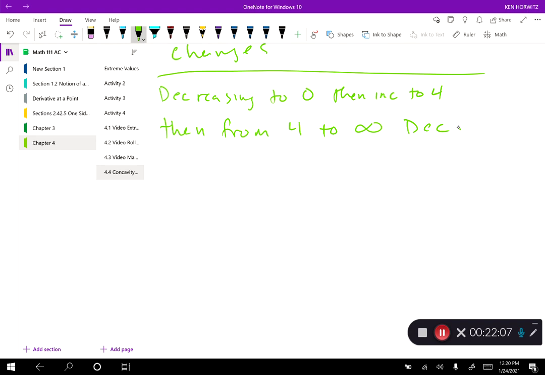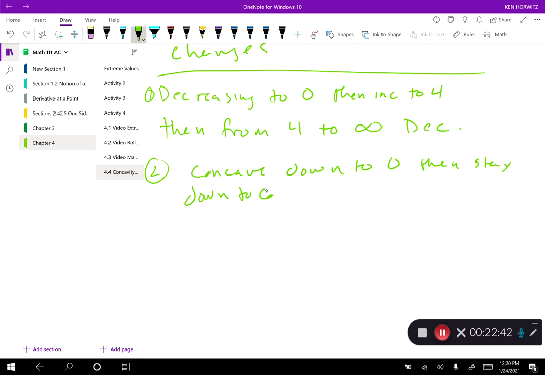Now for my concavity. This is my first piece of information. For my second piece, I'm concave down to 0. Then between 0 and 6, I'm concave down. So I'm concave down to 0, then stay down to 6.